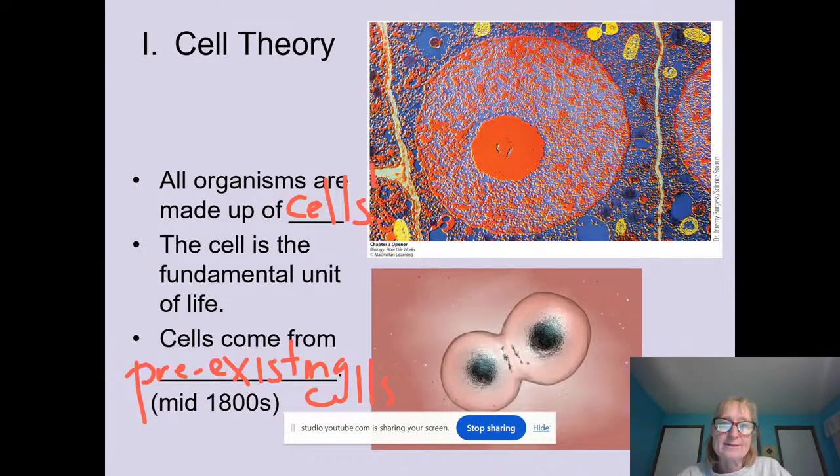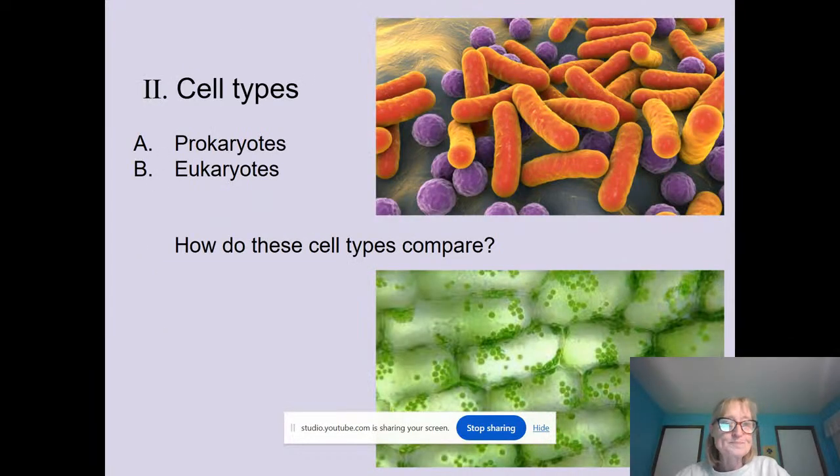And researchers are like, no, cells come from pre-existing cells. All right. And so we're interested in taking a look at the different cell types, and also how cells work in this chapter.